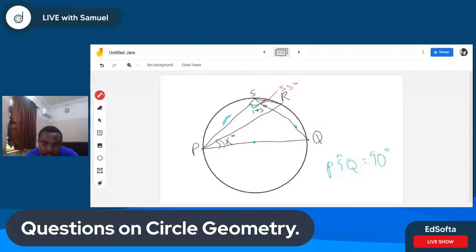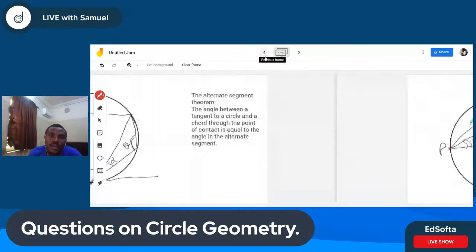So you see, you move from this point to this place. See that it's the same arc. This point to this point, same point to this point, and this point to this point. So you see that it is basically the same arc that is subtending the two angles. And what does our theorem tell us about this?